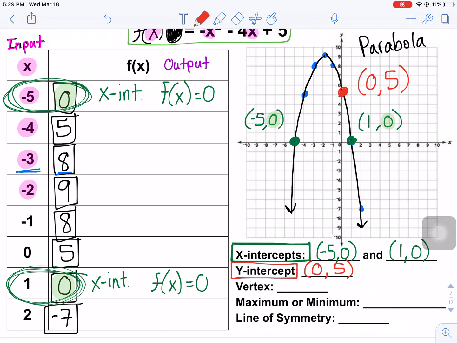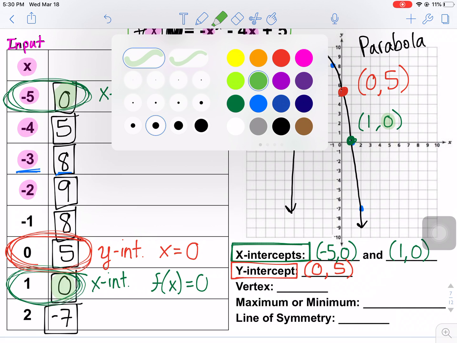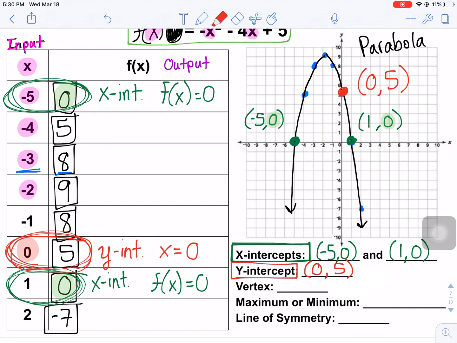And if we go to our table, (0, 5). Our y-intercept happens when x equals 0. So when our x equals 0, we can find our y-intercept. And when our f of x is 0, we can find our x-intercept.